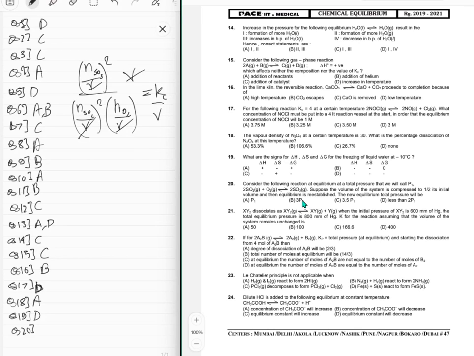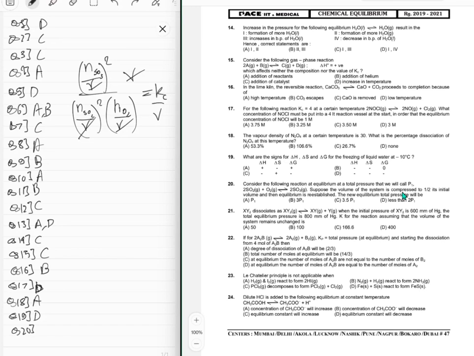So when you decreased your volume, this right hand side just became 2 times of what it should have been. So this quantity must also have become 2 times of what it should have been, right?